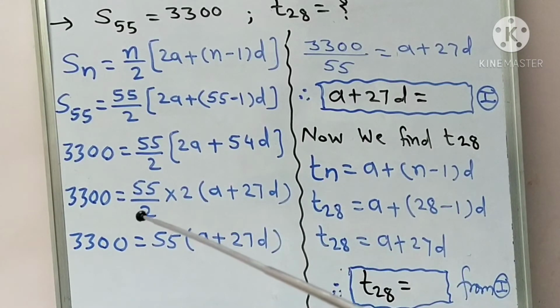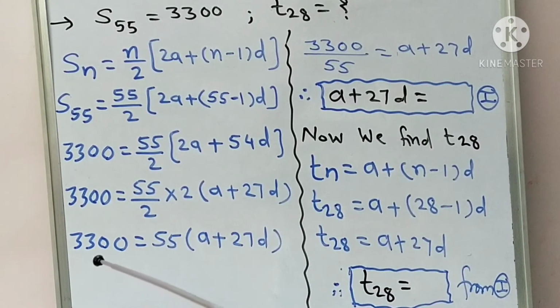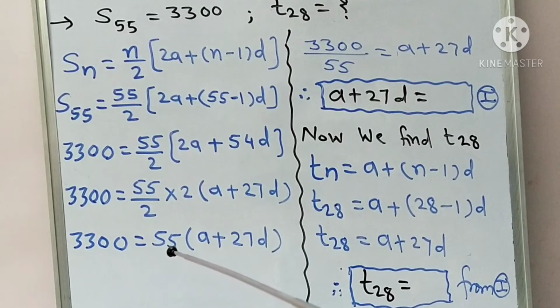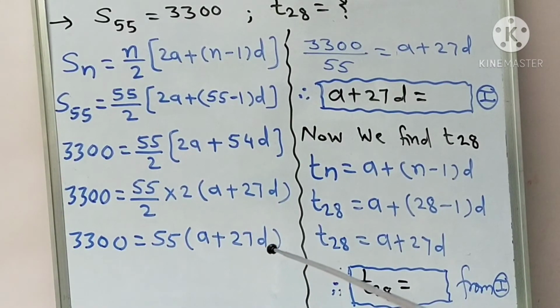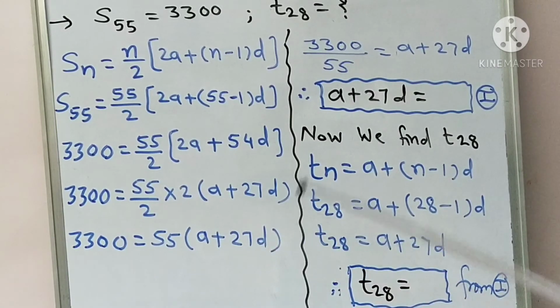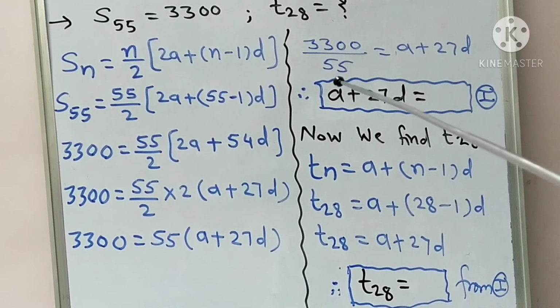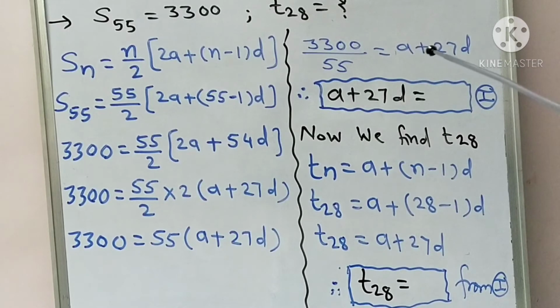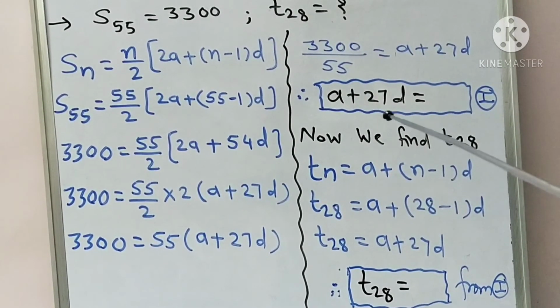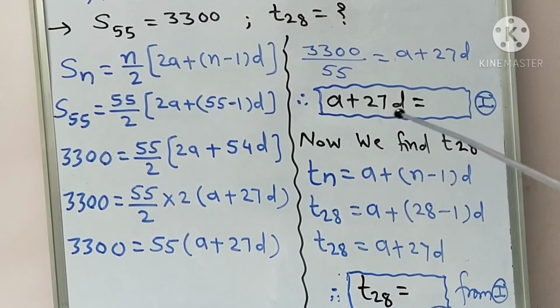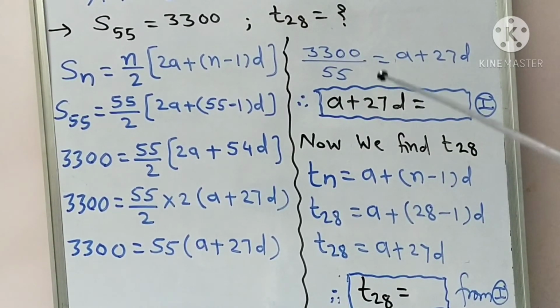Here 2 eliminates, and the remaining terms are 3300 equal to 55 into a plus 27d, and therefore 3300 upon 55 equals a plus 27d.